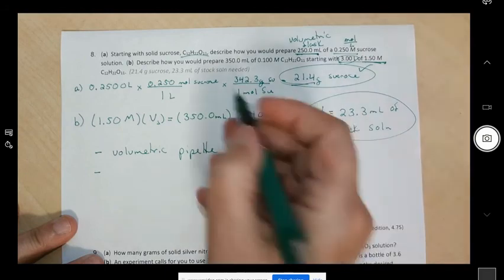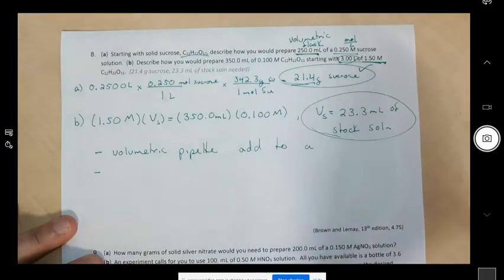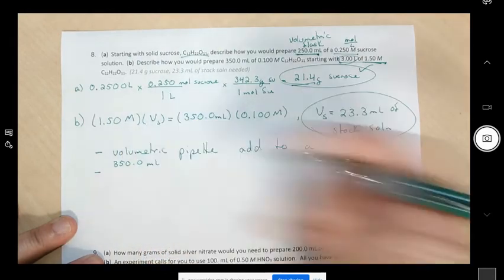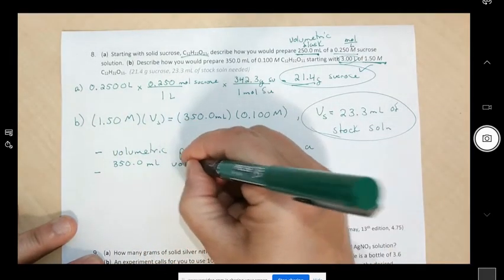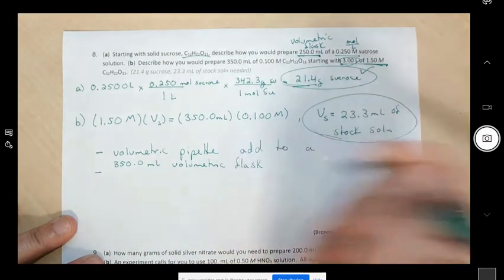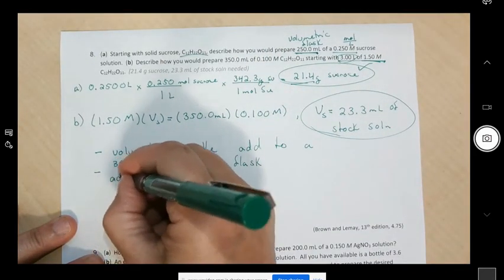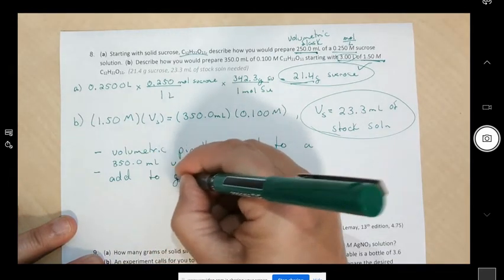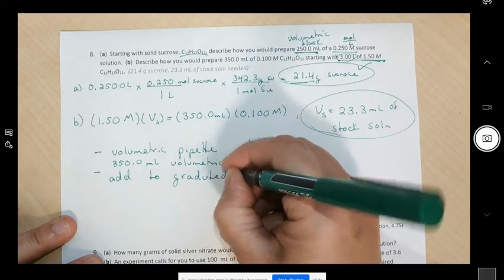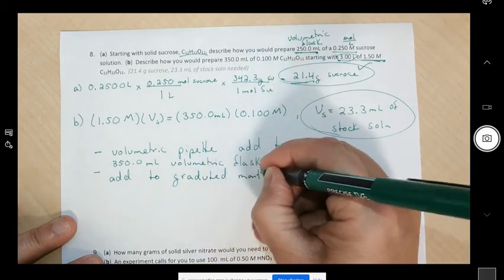It's 350 milliliters. Good luck finding that, but we'll say it: a 350.0 milliliter volumetric flask. And then you're going to add water to the graduated mark.